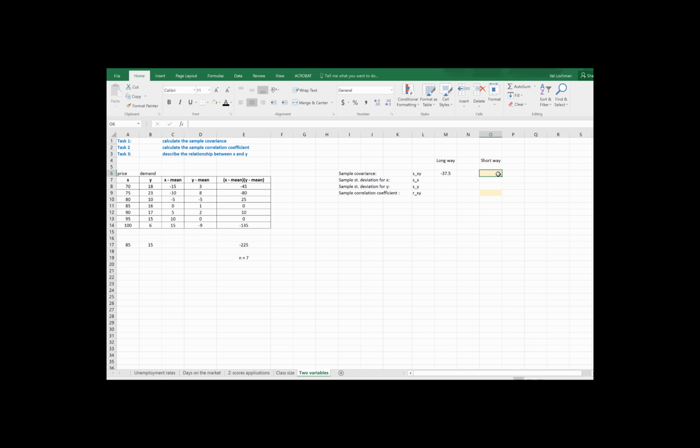Equals, and then we type covariance dot S, because we're dealing with a sample. Array 1 is your independent variable, array 2 is your dependent variable, and we get exactly the same thing.